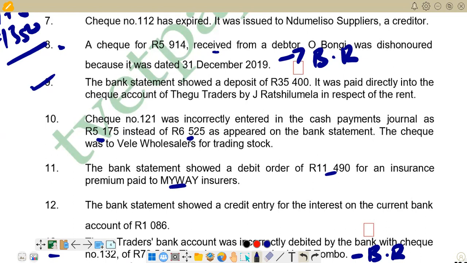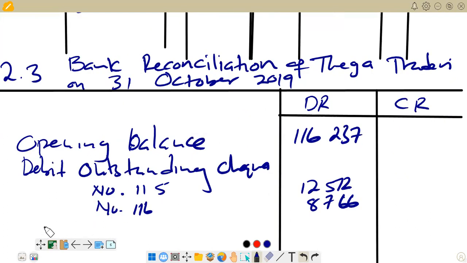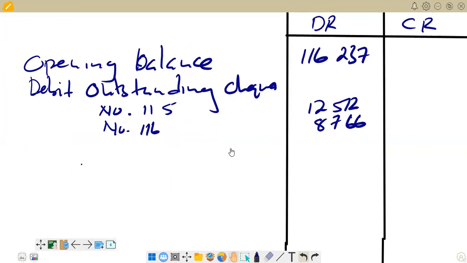So we go to the credit side of the bank reconciliation and put this 5,914. This is a post-dated check, so you can go there and enter this one. Let's create some space here.